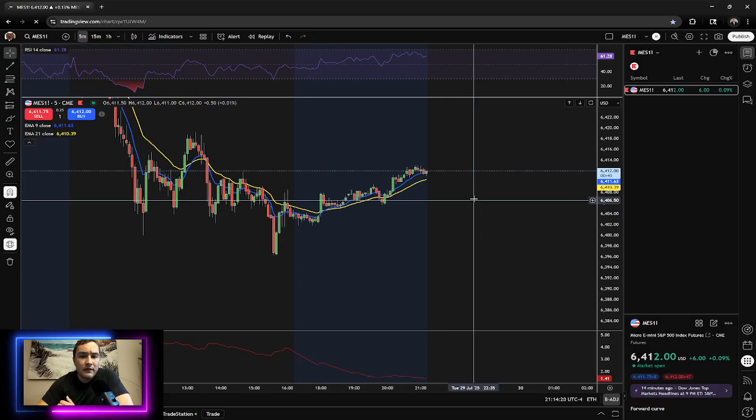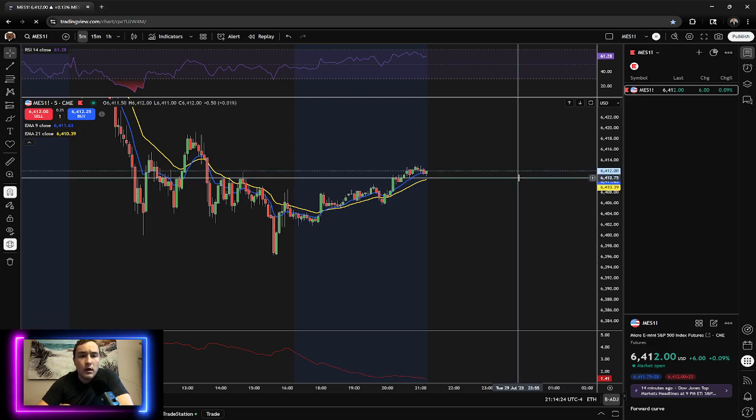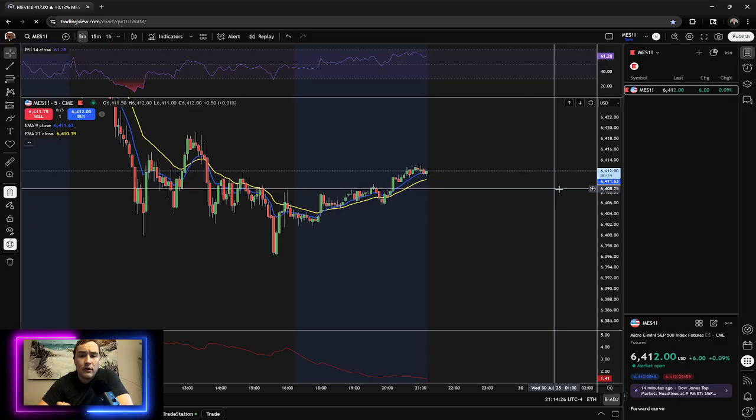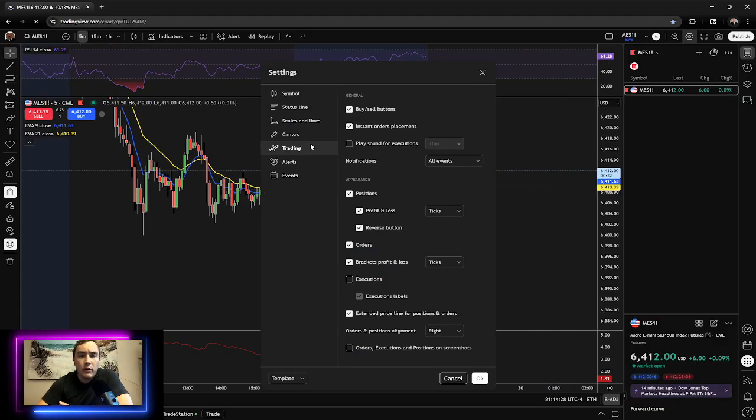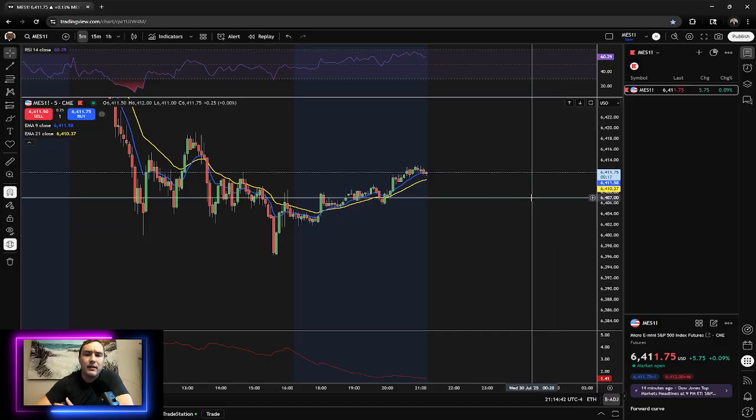Here's the basic entry signal, entry pattern, entry rules. I always enter in on a limit order. So here we can see on the trading, notice that I've set the profit and loss to ticks and the brackets and profit and loss to ticks as well, rather than dollars. This is to kind of cut down on some of the noise, and it makes things easier to calculate.